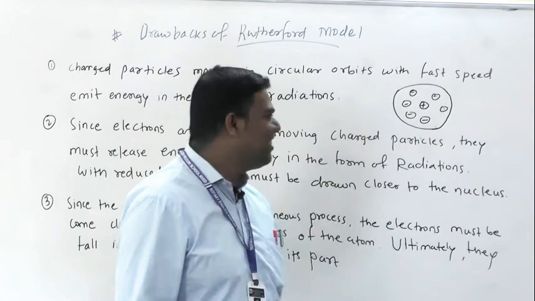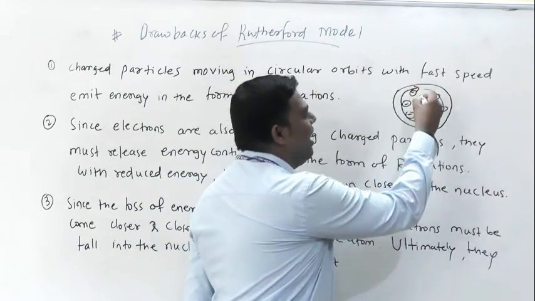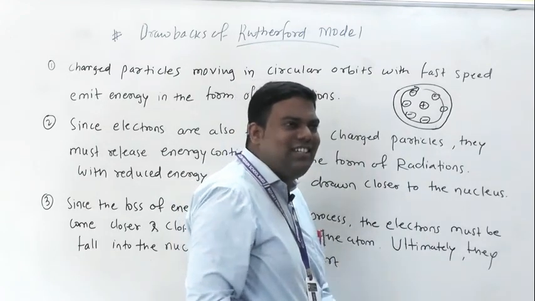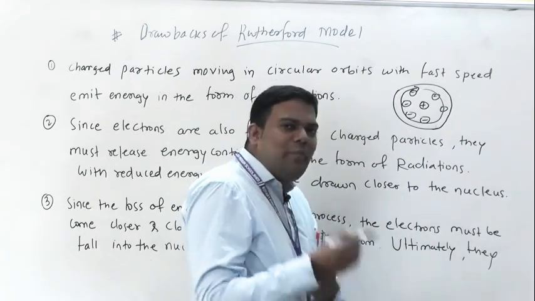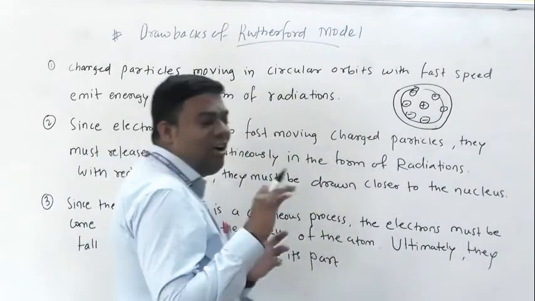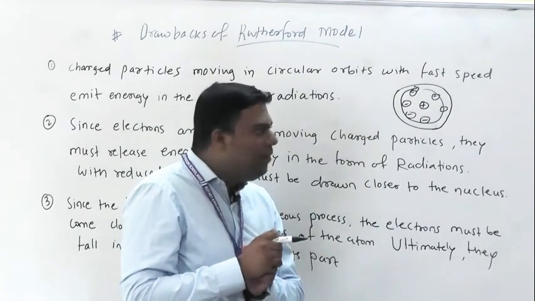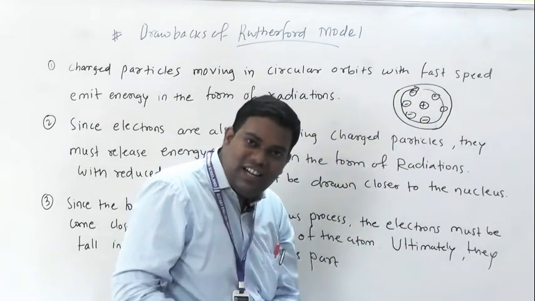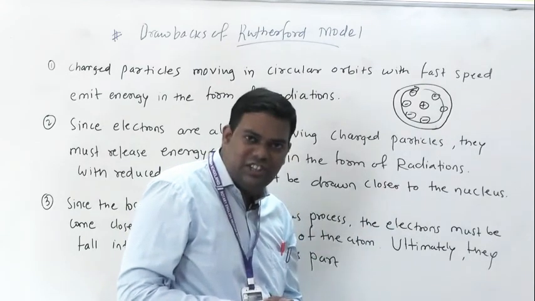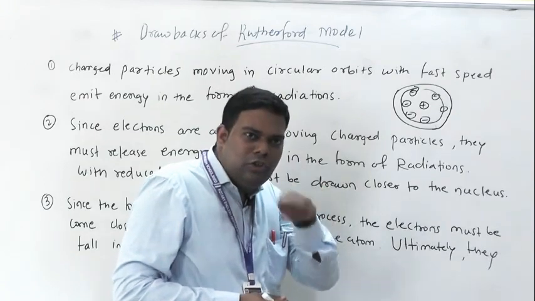So these electrons are revolving. One drawback is what happens with the loss of energy: it is a continuous process, and after losing energy they would ultimately be drawn into the nucleus.